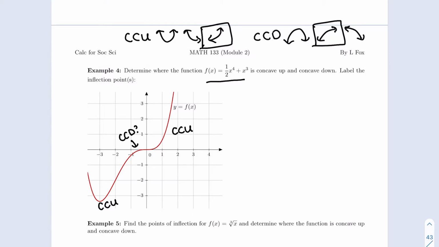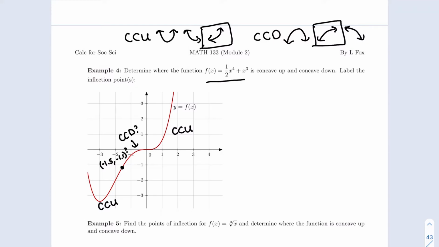So maybe I will go with this piece right here, somewhere between -2 and -1, so maybe -1.5, comma, what do you think the y value is there? It looks like it's down at like -1 point something, so maybe -1.1. I'm going to put a question mark on that. I'm not so sure if that's right where it is, but we'll go in with the equation and figure it out.